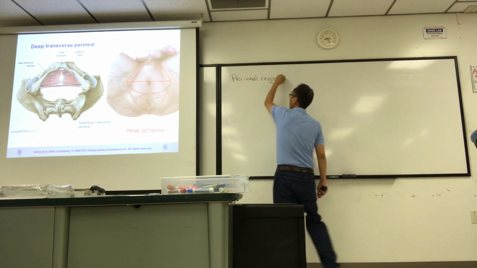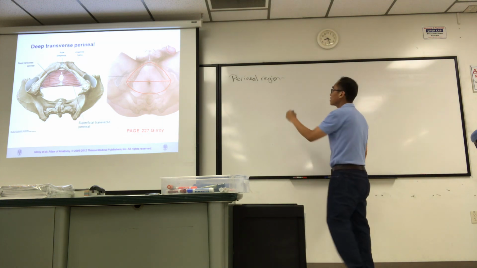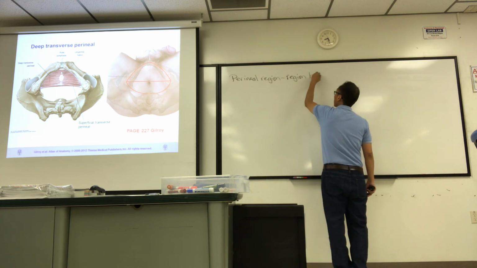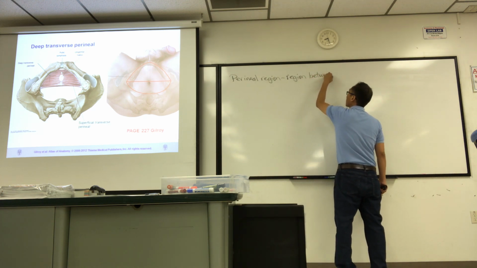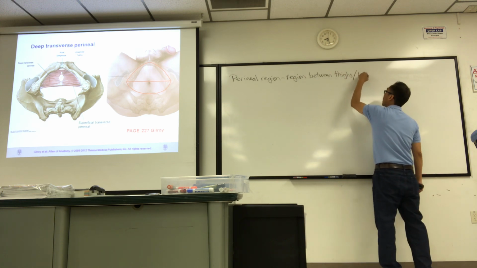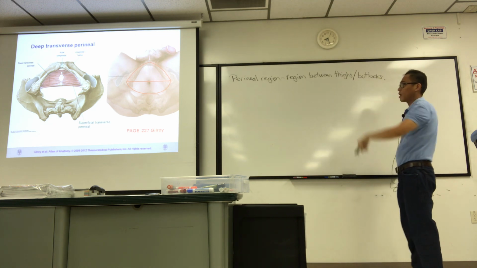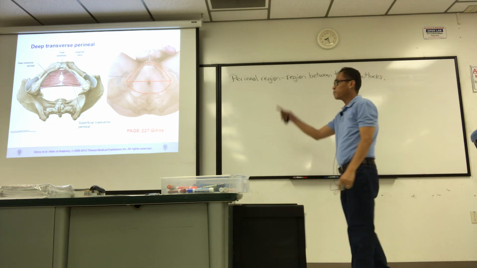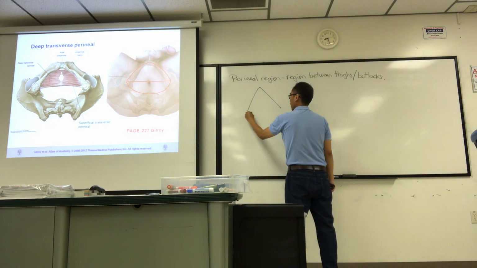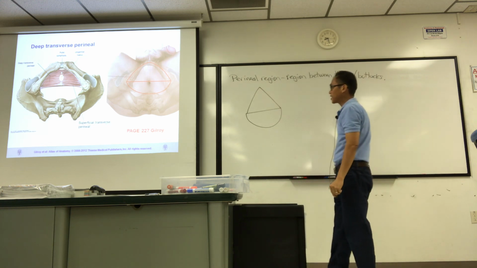Now, if you read a book, they describe this region as the area between the thighs and buttocks. Well, if you look at the picture there, and draw it like this, it's kind of shaped like a bike seat, right?